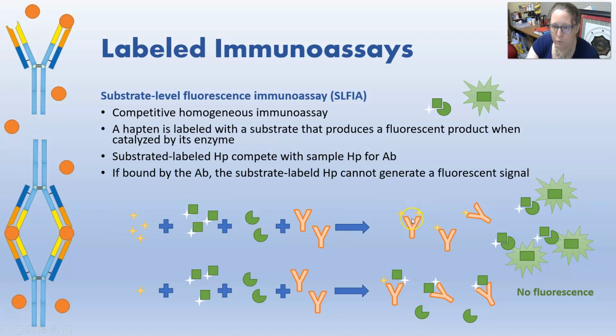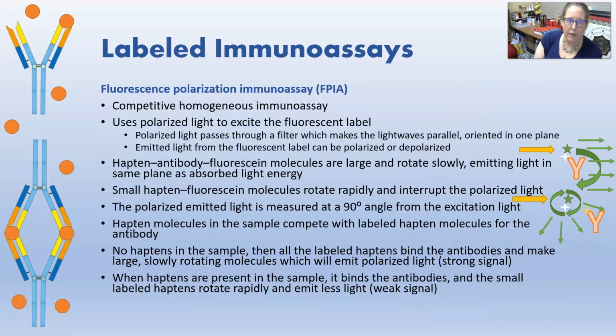The sample hapten will bind up all the antibodies, and then the labeled haptens will be free to allow the enzyme to do the reaction and for fluorescence to happen. And if there is not a lot of sample, then a lot of the antibodies will bind the labeled hapten and will block the enzymatic reaction, and you will not have fluorescence.